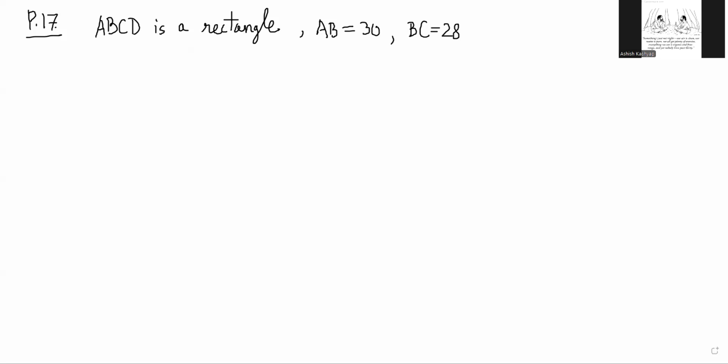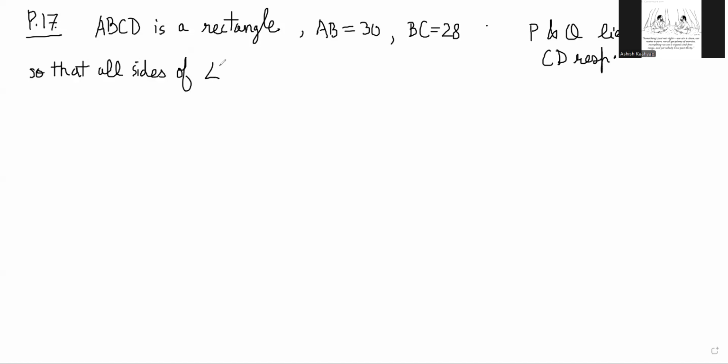Points P and Q lie on BC and CD respectively, such that all sides of triangle ABP, triangle PCQ and triangle QDA have integer lengths.